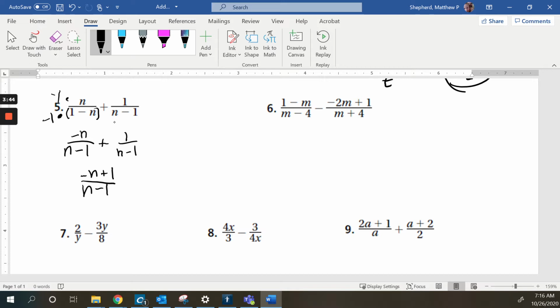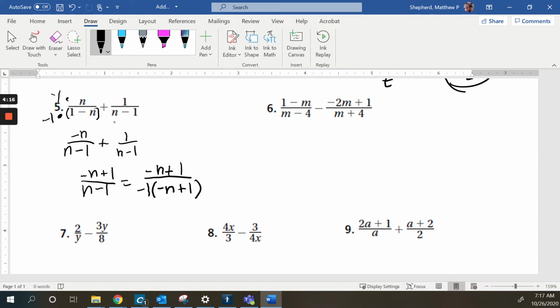Okay, once again, we see this weird difference where it almost looks the same, but not quite. So here's what I'm going to do for the bottom of that. Let's keep the top looking like that. If I factor out of the bottom a negative 1, that would make that a negative n, and then a positive 1.